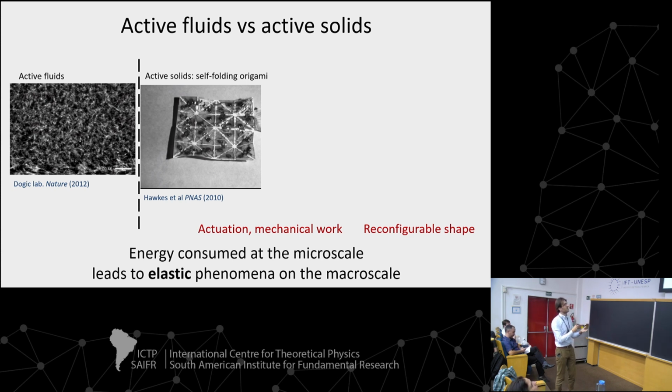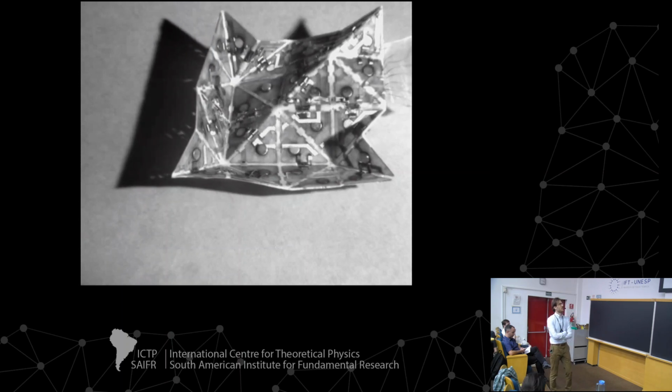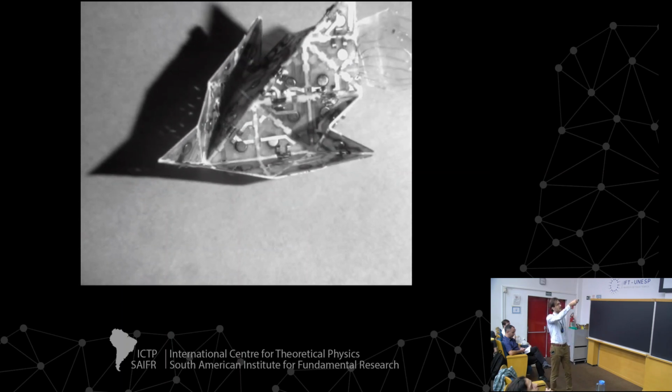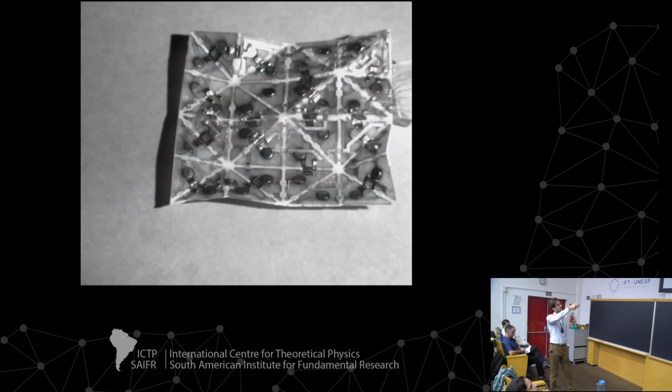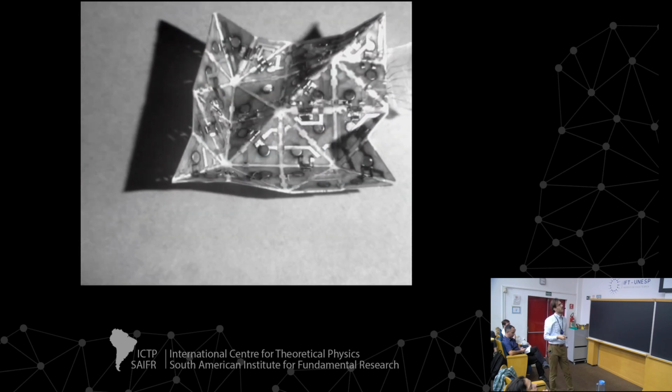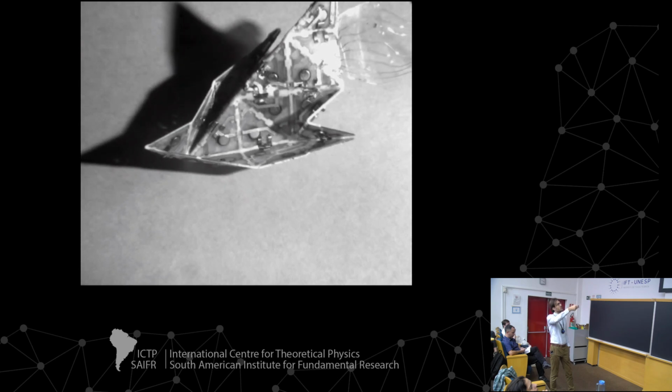And there are, again, a few typical examples of those. A lot of them are maybe more recent, but one classic video that I like is this idea of a self-folding origami sheet. In this case, what you're seeing is a sheet of plastic with some folds made into it. What's special about it is that these folds have actuators attached to them.